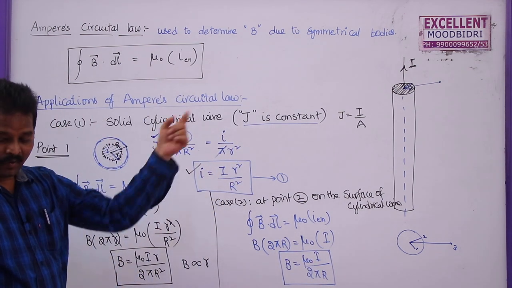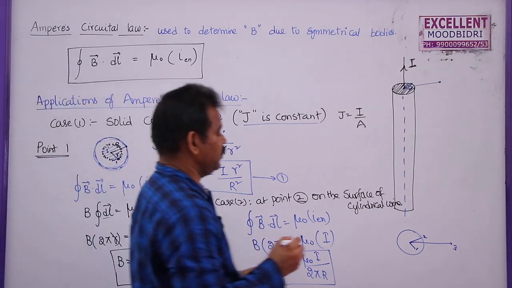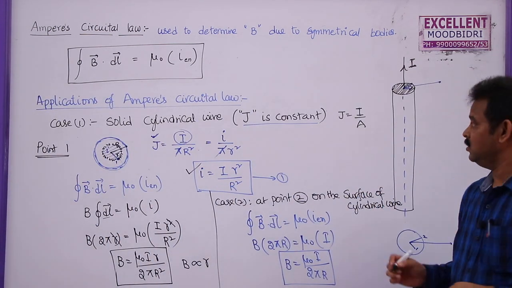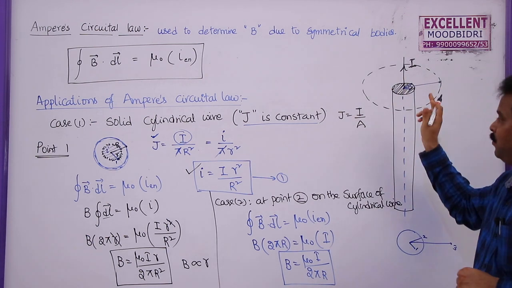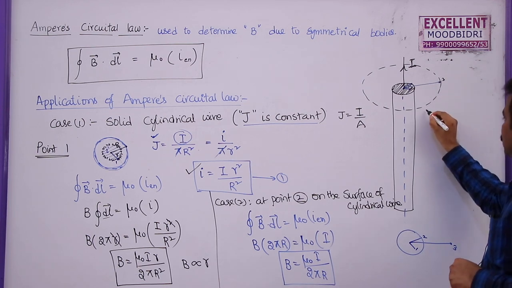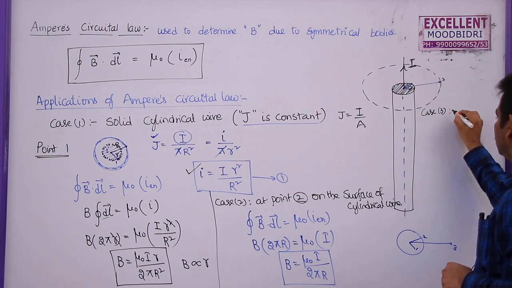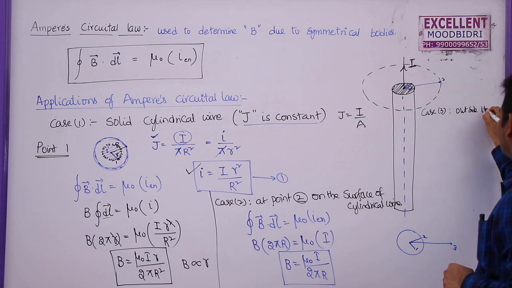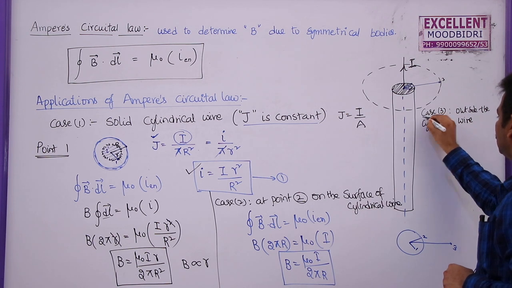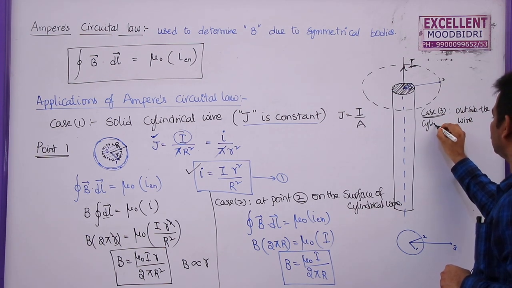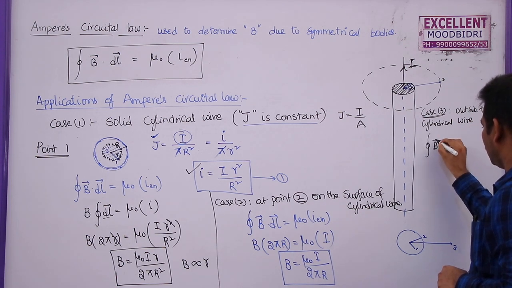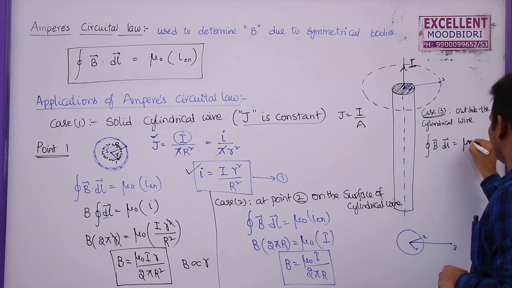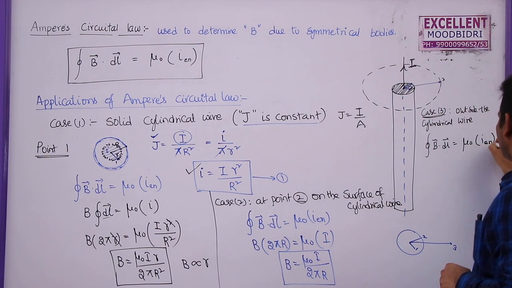Now if you want to find out the magnetic field at point 3, once again we need to construct an Ampere's loop such that the Ampere loop is passing through this point 3. So in case 3, that is outside the cylindrical wire, this can be written as B bar dot dl bar is equal to mu naught times the current enclosed here.